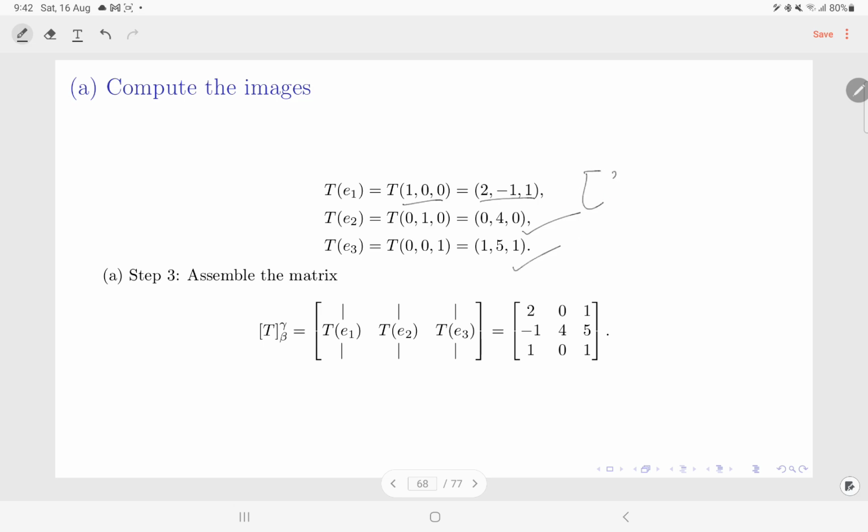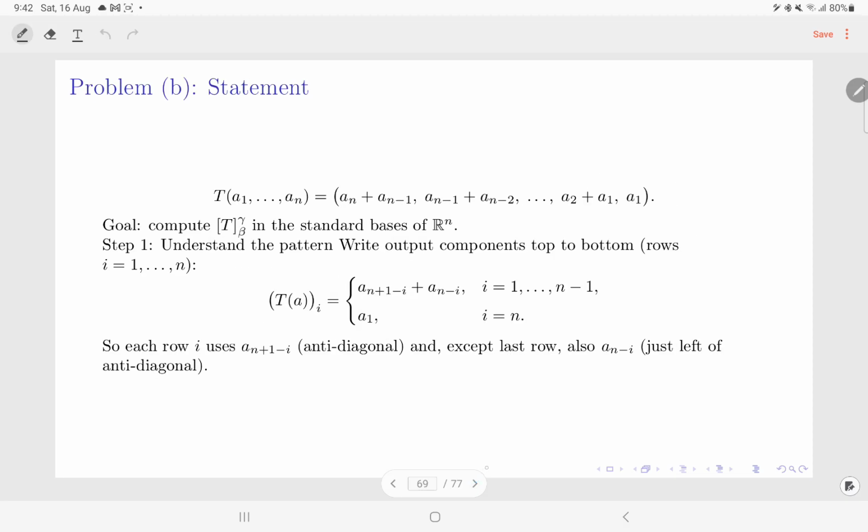Now the first is written as the first column, 2 minus 1 1. This is the second column, 0 4 0, and this is your third column, 1 5 1, which is of 3 cross 3 because your transformation was R3 to R3. Every time you need to do this.